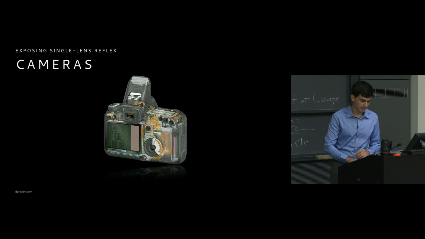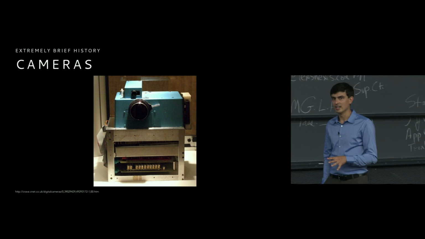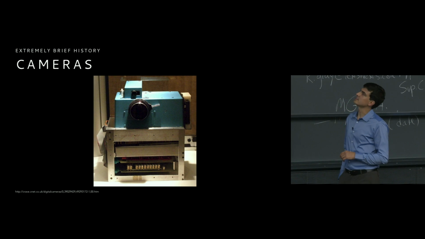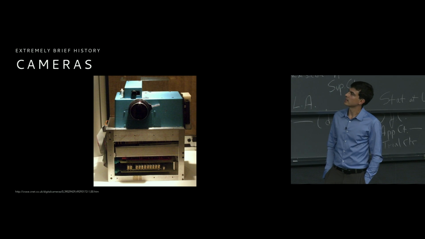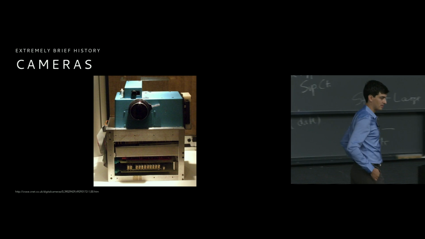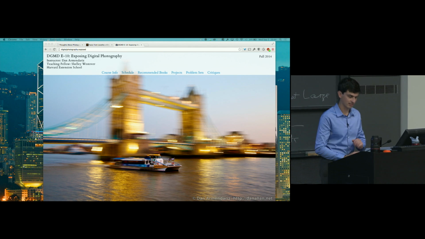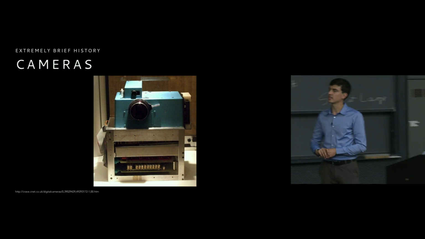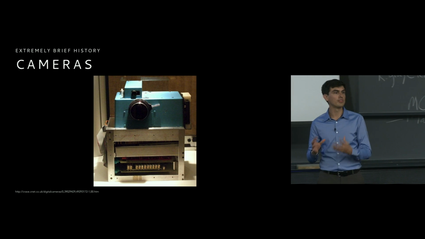Just to give you an idea, and in particular, an extremely brief history on digital cameras, and by that I mean 2 slides. There is this camera, which was created at Kodak back in the 70s, I believe. Stephen Sasson in 1975 created this digital camera, the first digital camera, and it's very unfortunate that at the time Kodak didn't recognize what they had created.